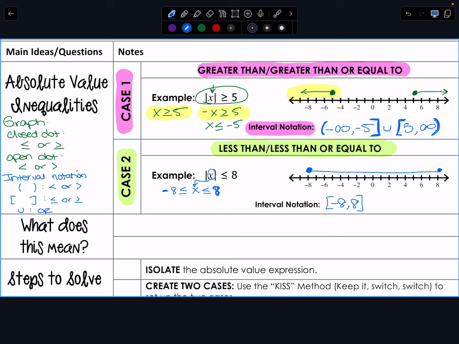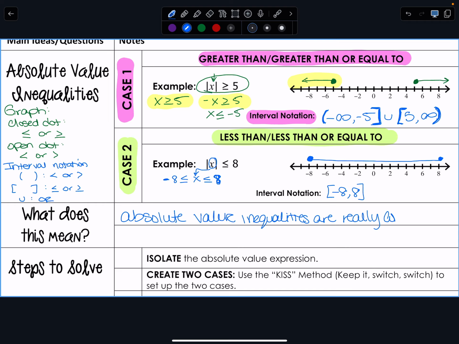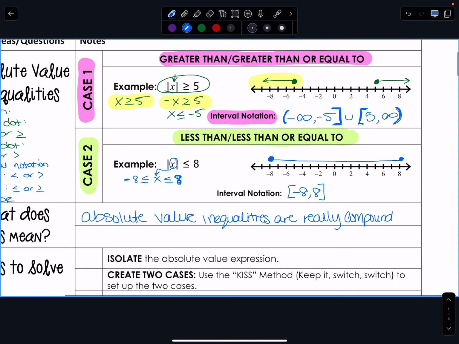Questions? We'll do more. So, what does this mean? Absolute value inequalities are really compound inequalities.